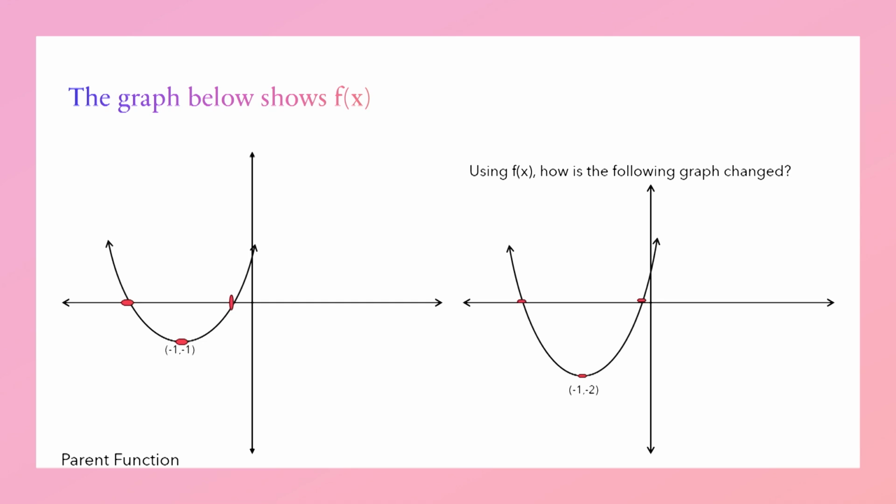I notice that I started at -1, -1, and I ended at -1, -2. So what did I do? I went down 1 unit. So I could say that I went vertical down, or down vertically 1 unit. So let's write that. So I went down vertically 1 unit. Good job. We're really focusing on this information. Y'all really catching on.